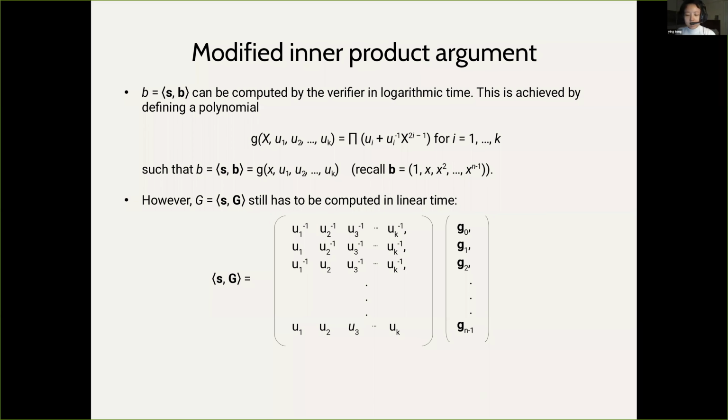B is just the increasing powers of the same value X. And so the inner product of S and B is basically equivalent to evaluating a polynomial with K terms at the value X, since B is just increasing powers of X. So in short, B0 can be computed in logarithmic time.